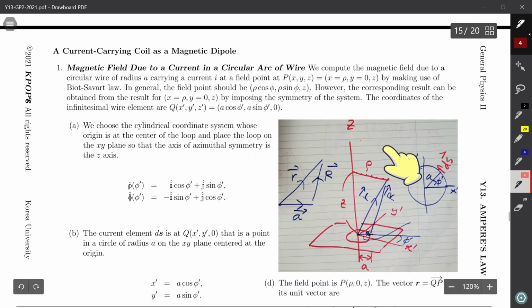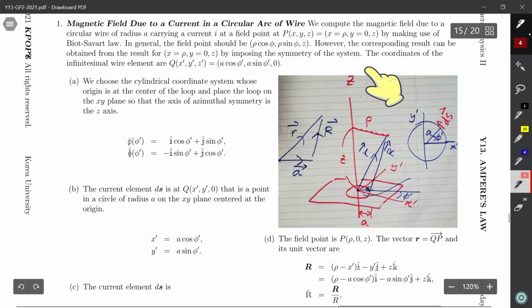Next, we consider a rather difficult but interesting problem. There is a current on the xy plane on a circle of radius A, and we have a field point. Previously, we selected the field point on the symmetry axis, but we have an additional deviation of rho that is the perpendicular distance from the symmetry axis.